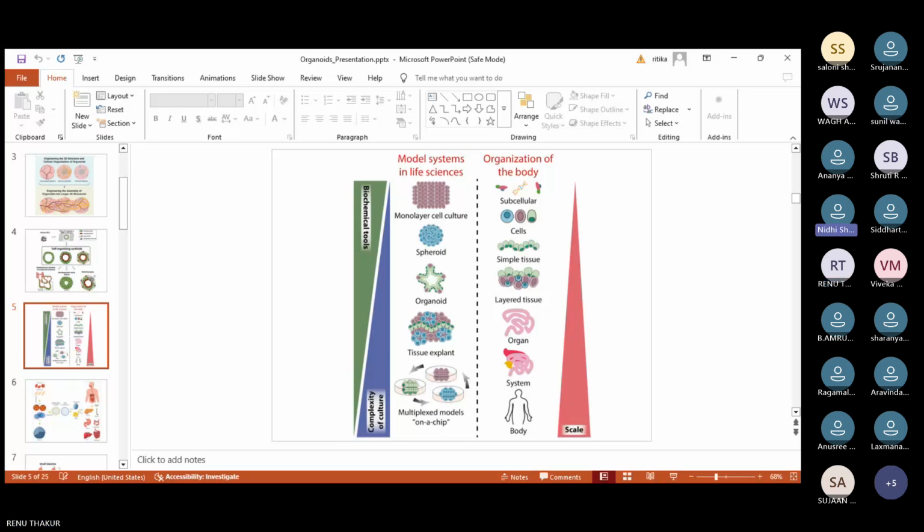Ma'am, can you please repeat the question? Yeah, sure. I was asking, if we are talking about the advantages over 2D cultures for 3D, what do you mean by realistic cell interaction? What you are seeing in 2D cultures, or what you are seeing in 3D cultures or 3D structures, what is the realistic cell interaction? We have already discussed it.